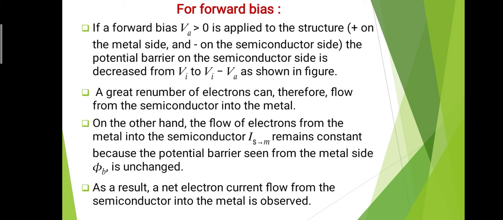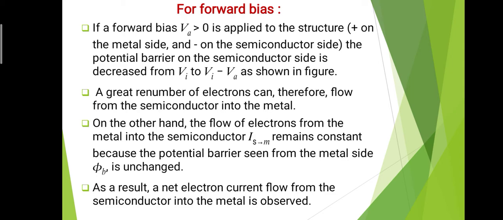The current going from semiconductor to metal remains constant because the barrier height for the electrons present on the metal side is unchanged. All this happens for the electrons which lie in the metal. As a result, a net current flow from the semiconductor into the metal is observed.